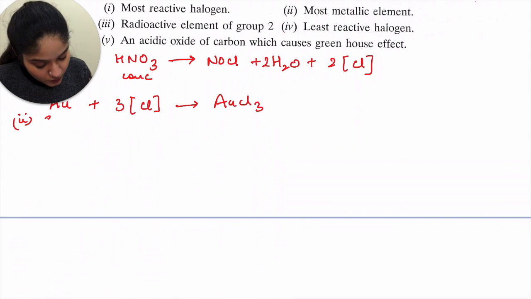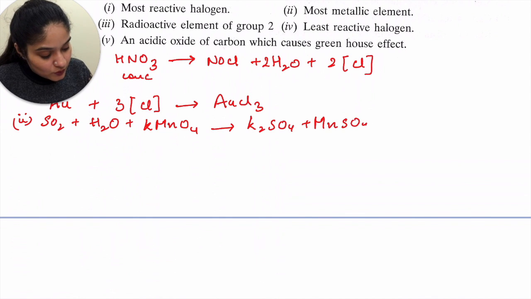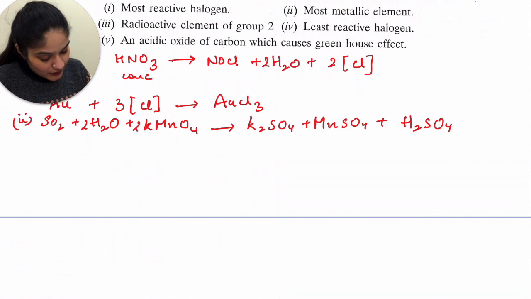So SO2 plus water plus potassium permanganate, KMnO4, will give you K2SO4 plus MnSO4 plus H2SO4. Okay, now you can balance it out. So for SO2, I'll have twice of water and then twice of KMnO4 because you have K2 here.